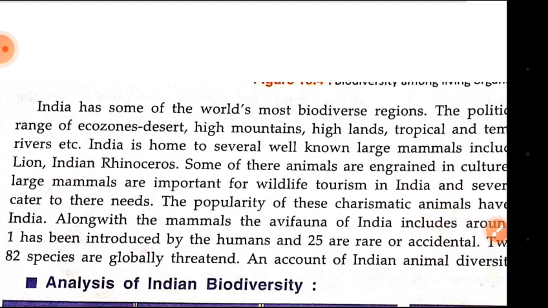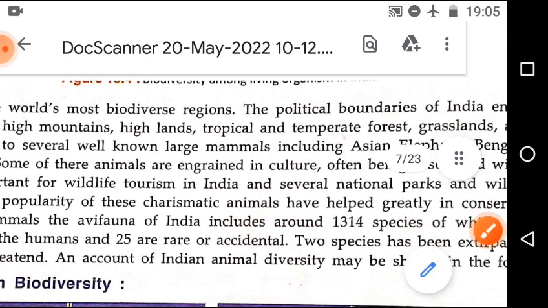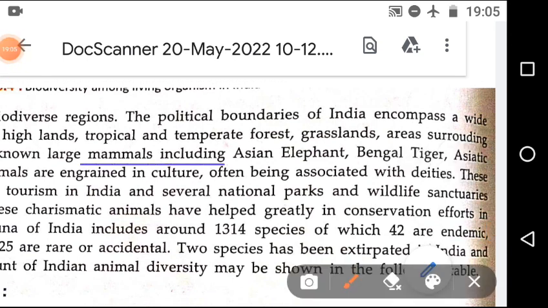So different types of ecoregions are found in India, and on that basis different types of animals are living here. It is saying that India is home to several well-known large mammals as well. There are various types of large mammals found in India, and some of these include the Asian elephant, the Royal Bengal tiger, and the Asiatic lion.